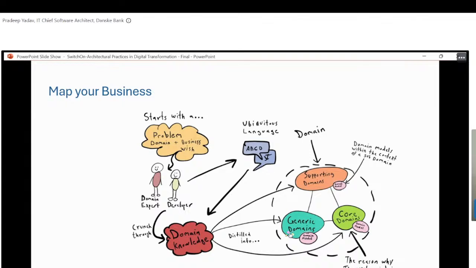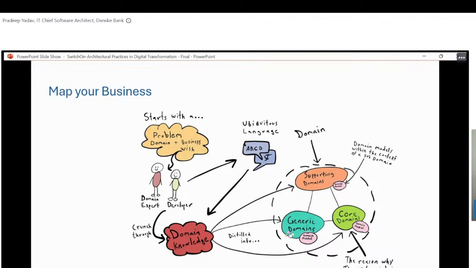From there we distill down into smaller subdomains, dividing at a level where a complex domain can be easily explained to someone else. We create the subdomains and then categorize them as core, generic, and supporting subdomains.